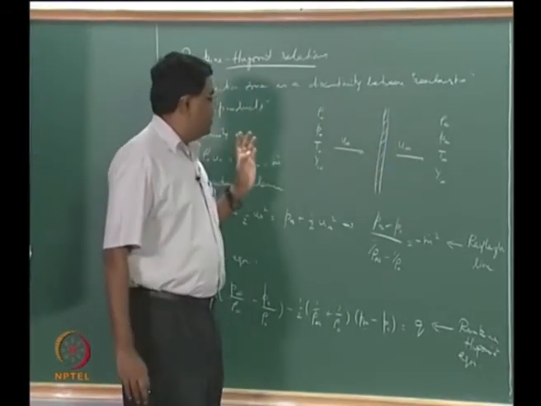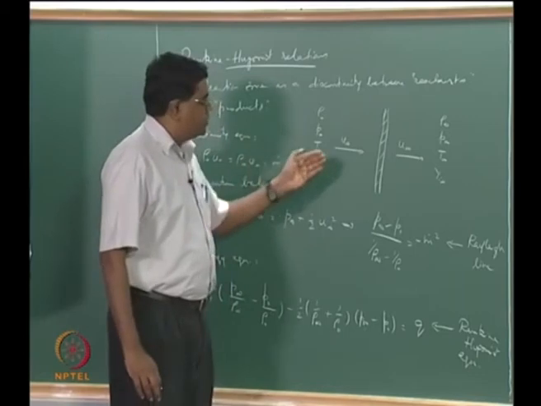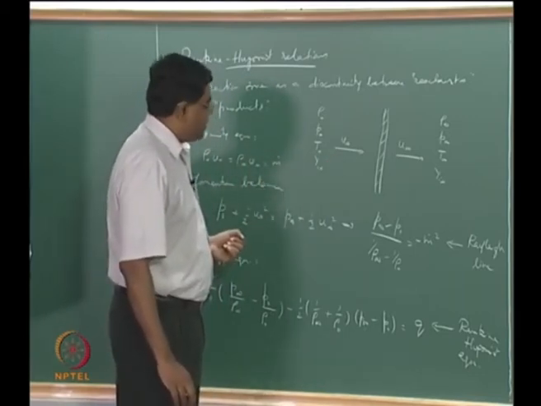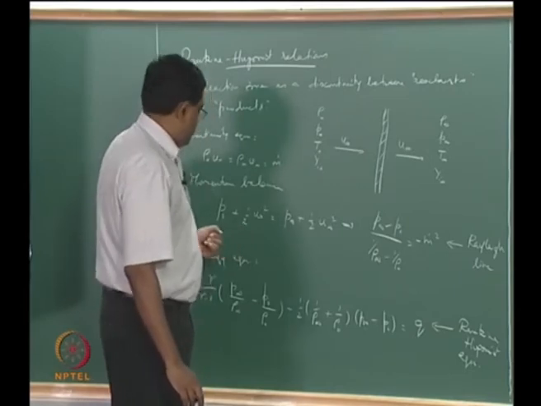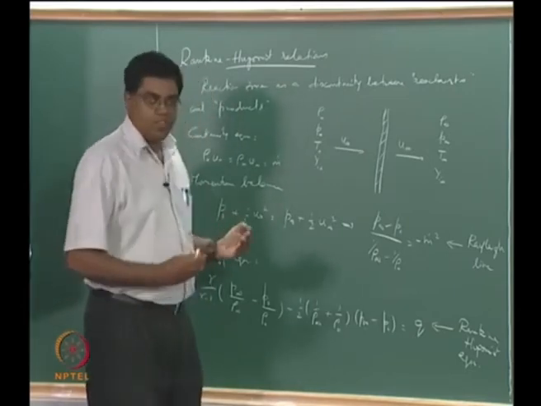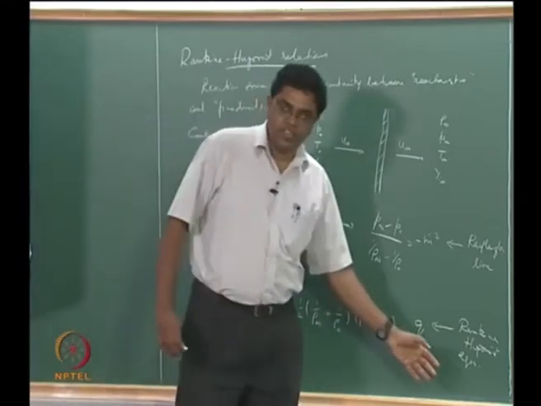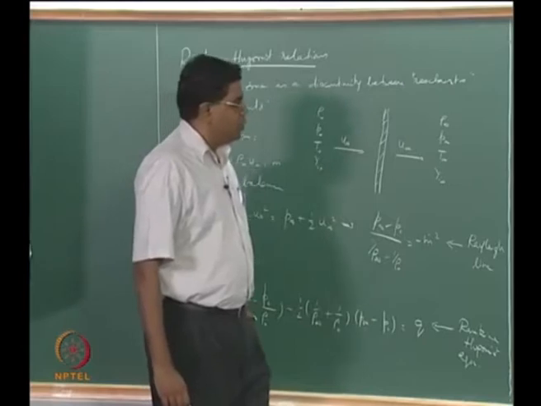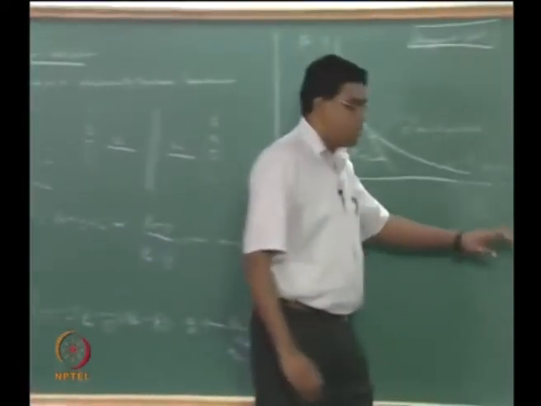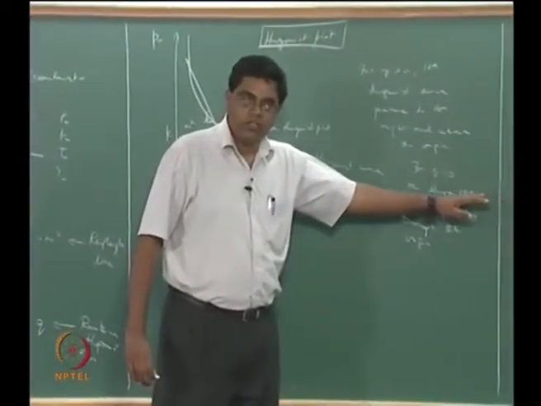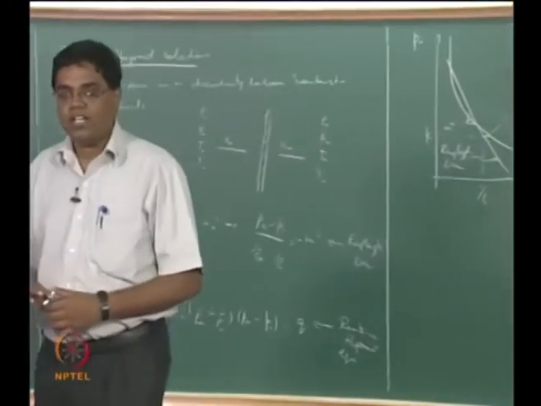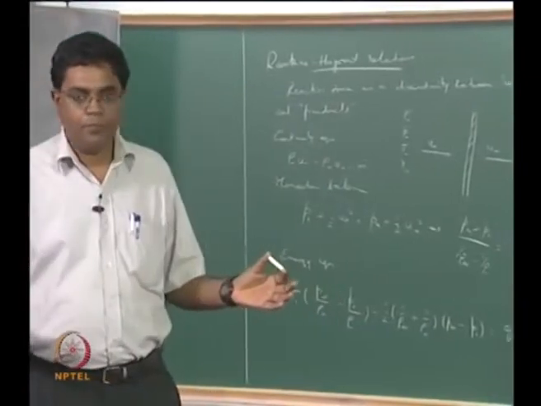So we are getting these different H_i naught and H_i infinity, and the difference between the two is essentially the chemical heat release with a negative sign. If Q is equal to 0, that means you are not having any chemical heat release.